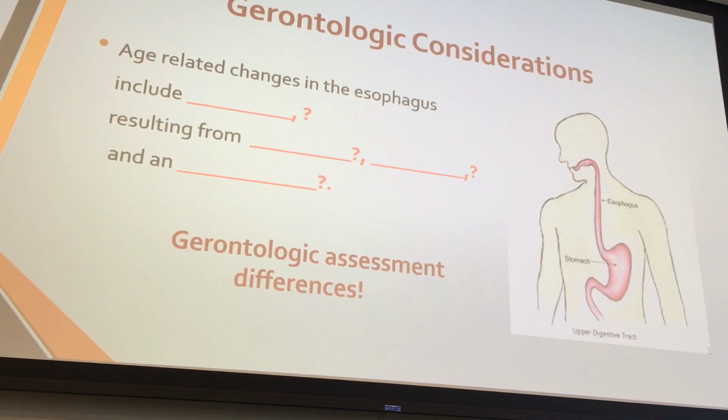Age-related changes in the esophagus. They could include what kind of, is your body processing food faster or slower? Slower. So you're going to have delayed emptying, right? Okay. And that could result from what? Smooth muscle weakness. Yeah, smooth muscle weakness, okay?